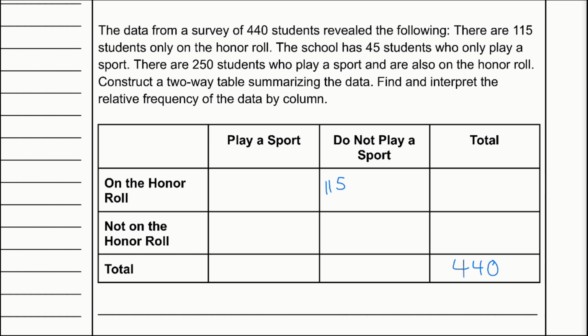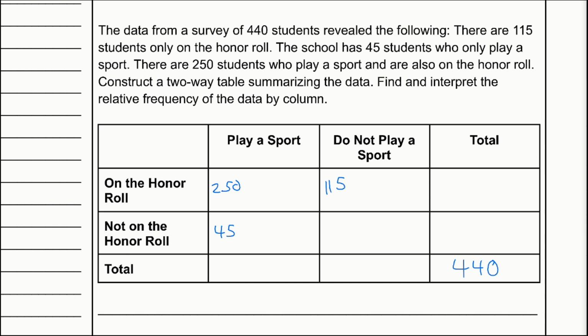And I'm writing it small because remember, we're going to do the relative frequency. The school has 45 students who only play a sport. So that would be not on the honor roll. 45 students down here. There are 250 students who play a sport and are on the honor roll. Play a sport and on the honor roll, 250. Construct a two-way table to summarize.